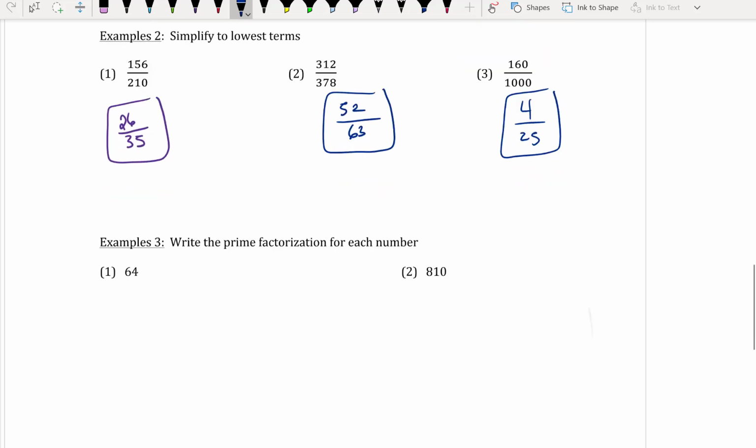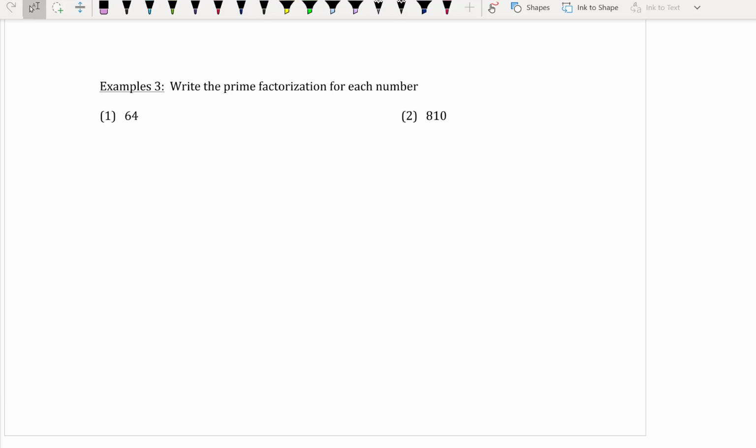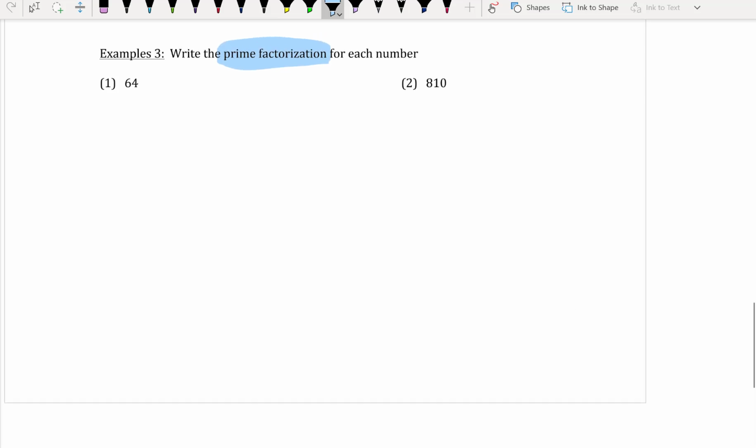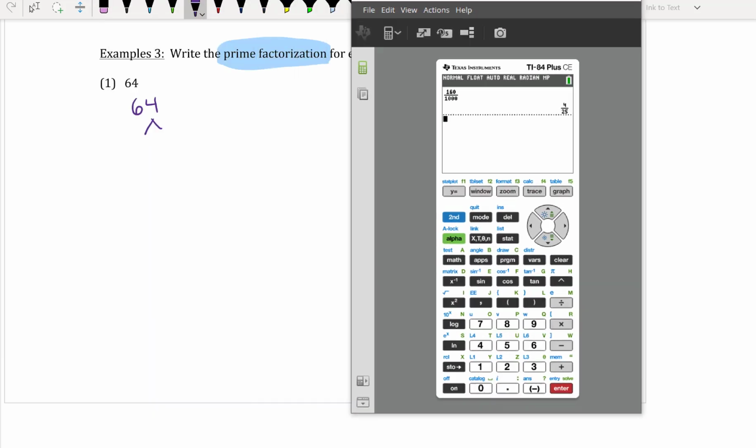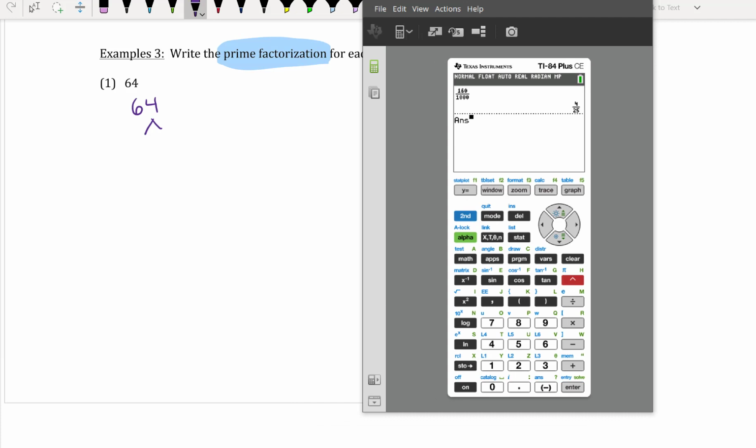Now, example number 3 is slightly different. What we want to do here is do the prime factorization. So if I'm looking at the number 64, then I can think about 2 factors that multiply together to give me 64. So what 2 numbers multiply together to give me 64?